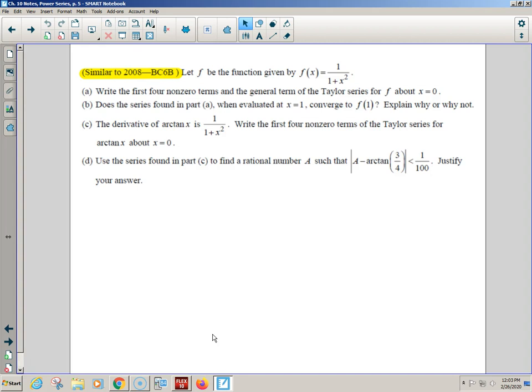Oh, yeah, it says in the general term. The question was asked, it's a calculator question, and the answer is no.